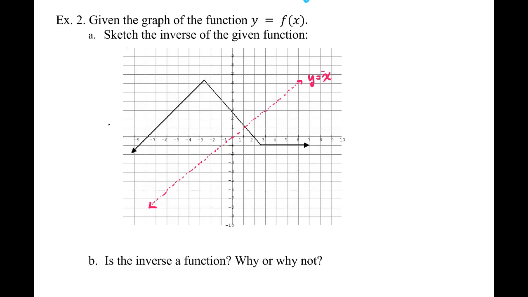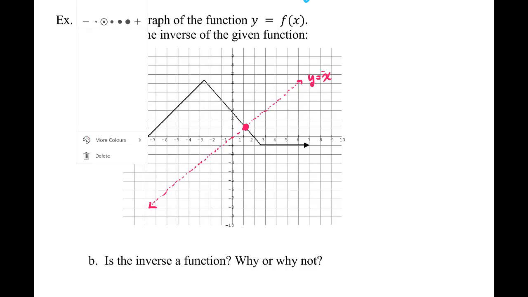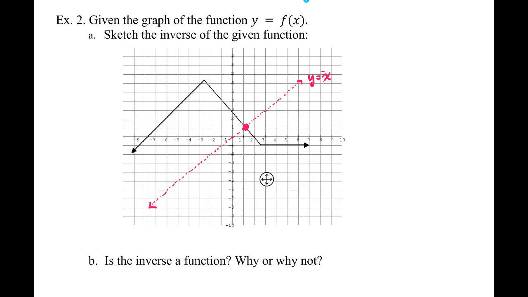Okay, I'm next going to identify my invariant point, because I do have one. Yay! Okay, and then I'm also going to identify some other critical points that might help me out. So I've got this one here, that one there, I guess. These aren't lovely points to work with, but they'll do.